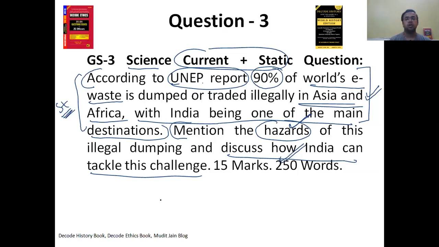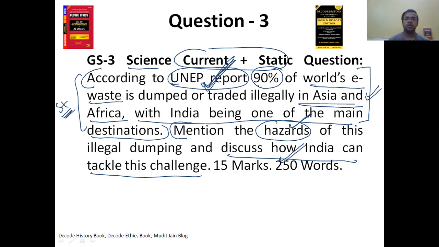Now here you get a chance to gain edge over others, because 9 out of 10 people, or say even 7 out of 10 people, won't mention the name of that report. So if you know the name, mention that, because it is mentioned in question, a UNEP report. So I think examiner wants you to focus on this aspect as well. If you know the report, mention it.